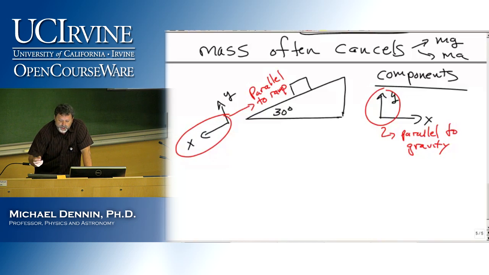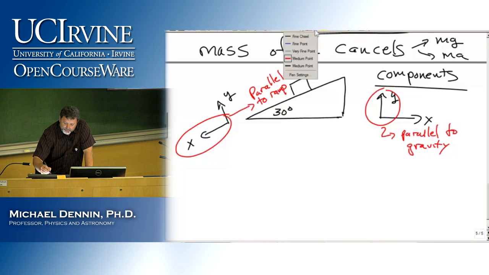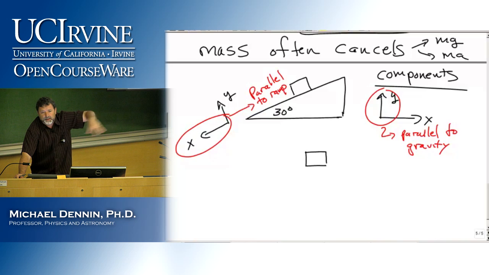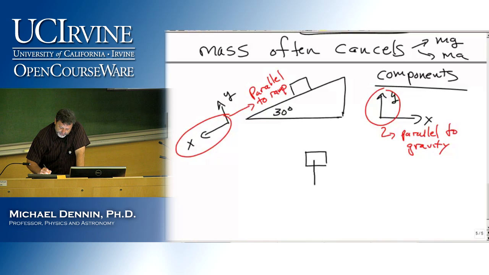So if I just look at the three basic forces that I would be drawing for this block, let's not think about the problem right now. Let's just think about a block sitting on the ramp, no friction. I would have weight down. Notice the normal force is always perpendicular to the surface, so it's off at an angle. And those are my two main forces.